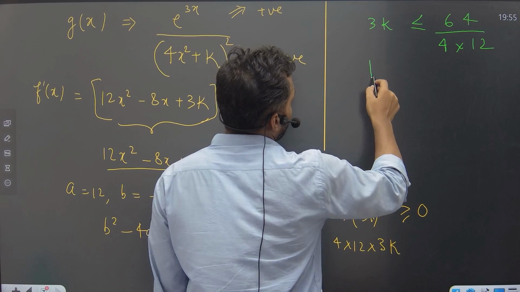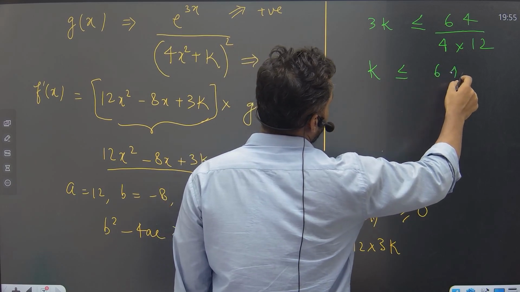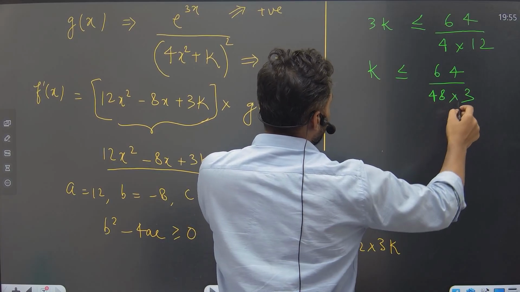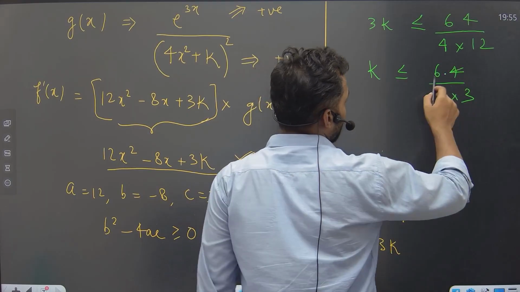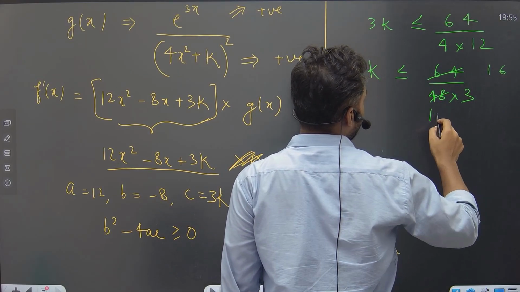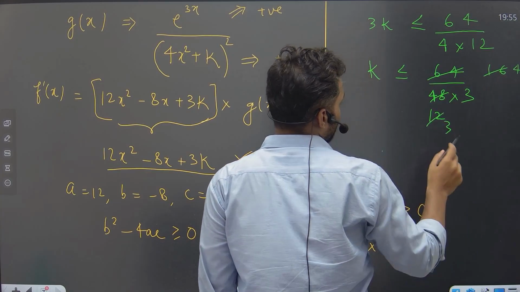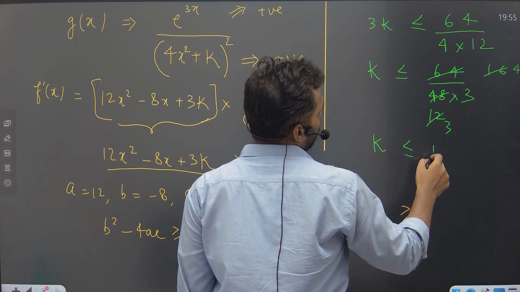So from here we can say k must be less than or equal to 64 divided by 48 times 3. If we solve it further, what we are getting here, students, k must be less than or equal to 4 by 9.